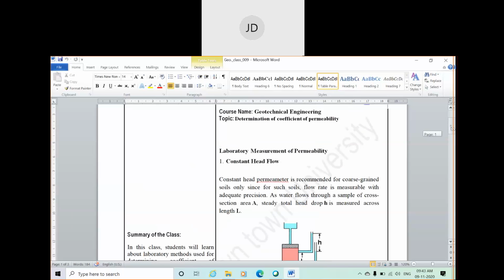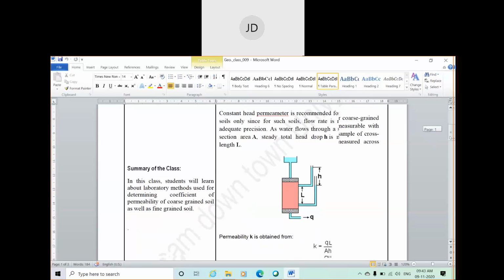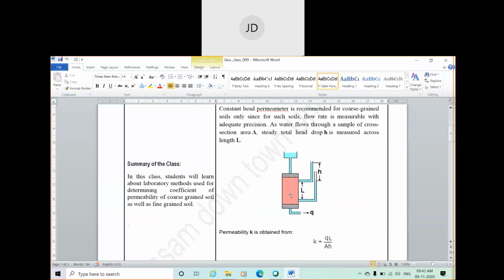So in this constant head test, what do we do? Here you can see this slightly pink color section. It is the soil sample. This is a rectangular soil sample fitted at a particular position in a laboratory, having a length, which is this L from here to here.